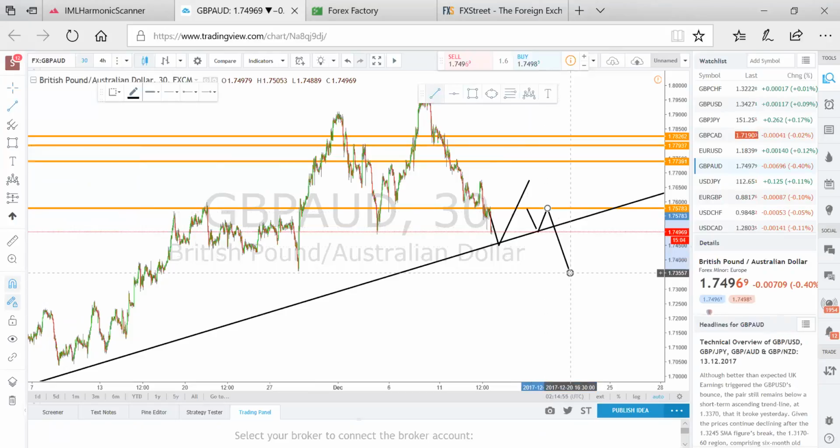So right now, what is the bias for GBP AUD, guys? Let me know what y'all think. Y'all think it's going to go up in a buy at the trend line, or it will probably go in a sell? What do you think? This is for Chris, Ravi, Joshua.